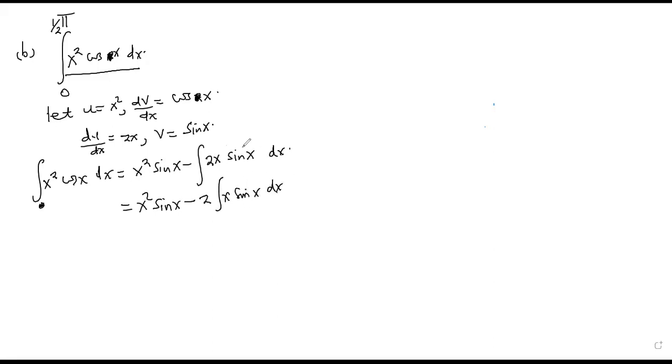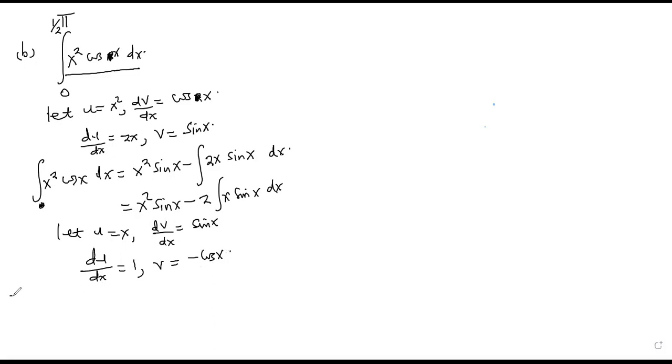It brings back the by parts, so you can still let u be x and dv dx be equal to sine x. I've done that because x can easily be differentiated, and sine x can be easily integrated. So du dx is going to be 1, while v is going to be, when you integrate sine, you get negative cos x.